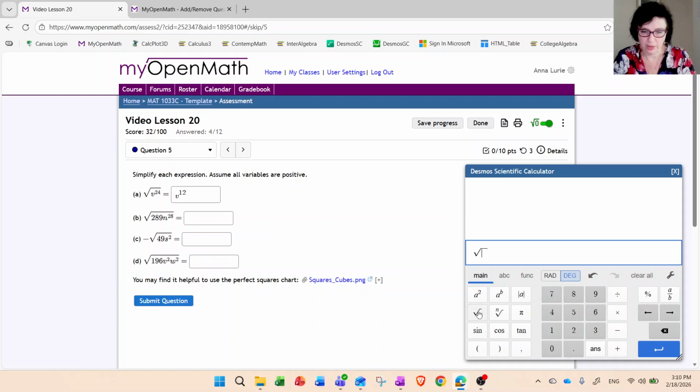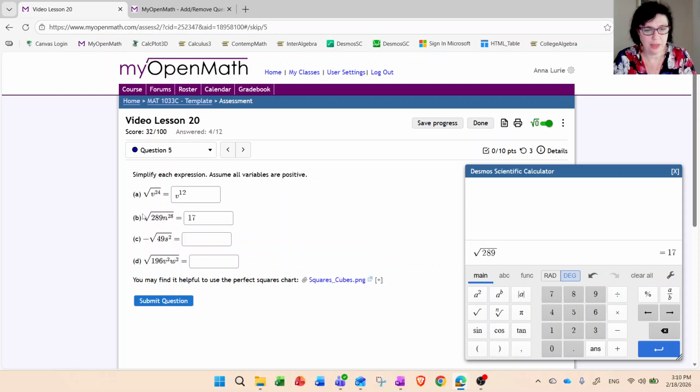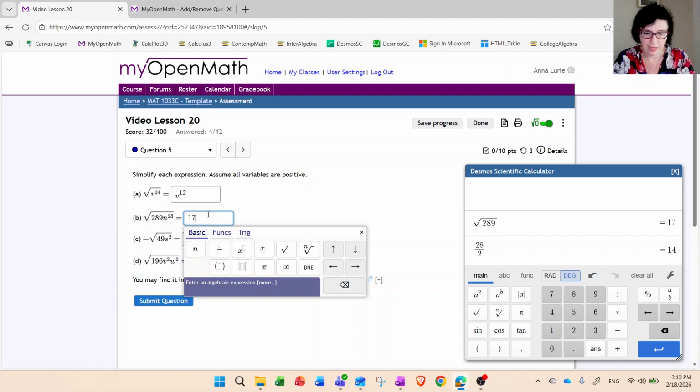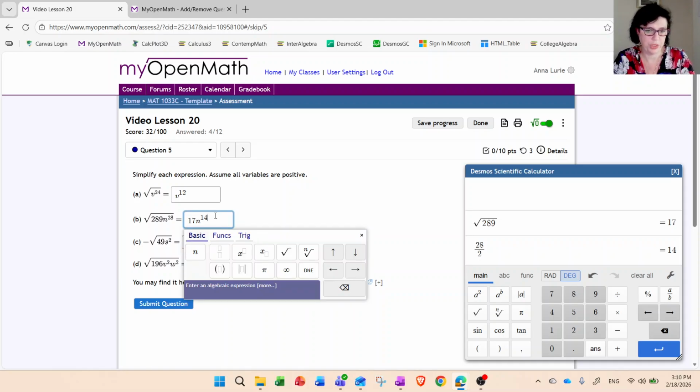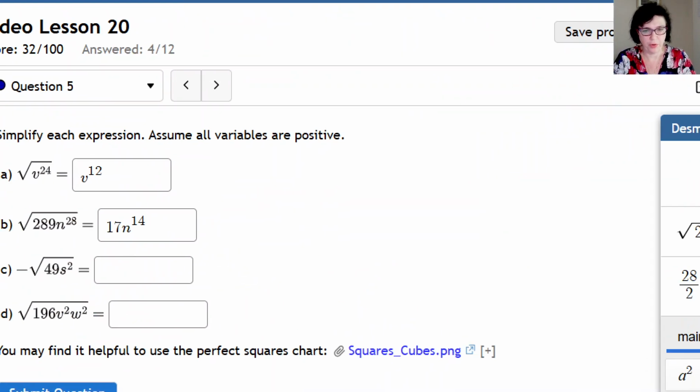Let's do that, and that's going to give us 17. We're going to put that here. And then pretend that the number is not there and just simplify n to the power 28. Well, 28 divided by 2 gives you 14, and that just gives you n to the power 14. Okay? So the number is separate and then the variable is separate.